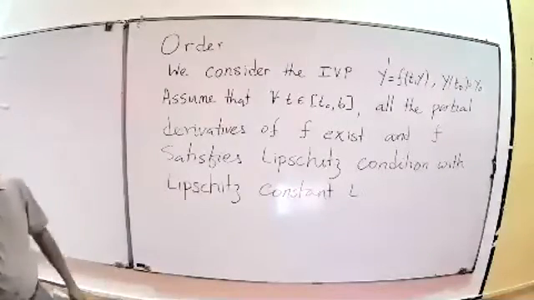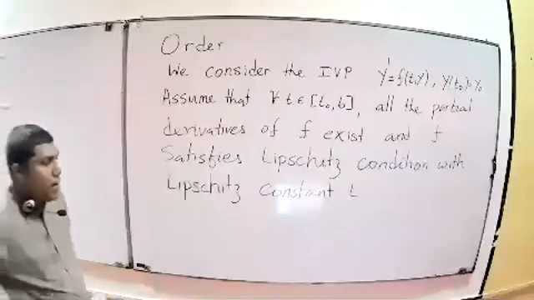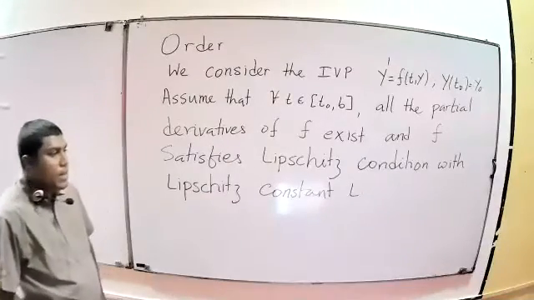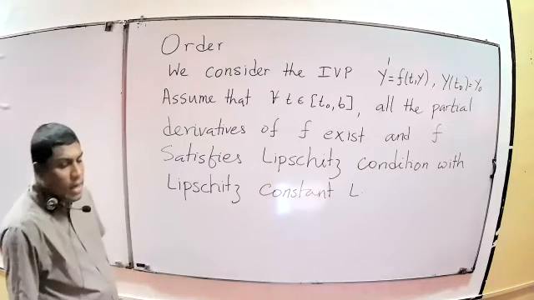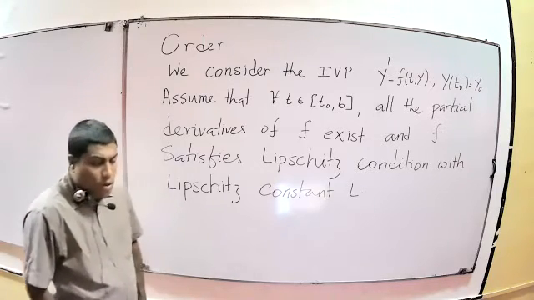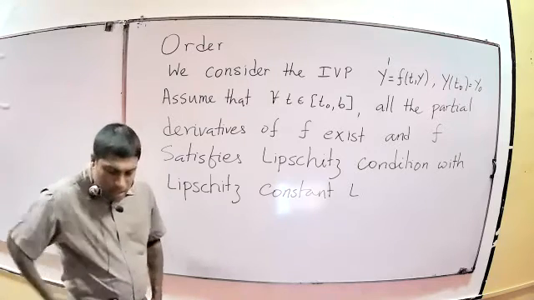You remember that is how we started the Runge-Kutta method. We talk about the partial derivatives or derivative of the function f over the interval, and then we talk about how to approximate that by certain things.